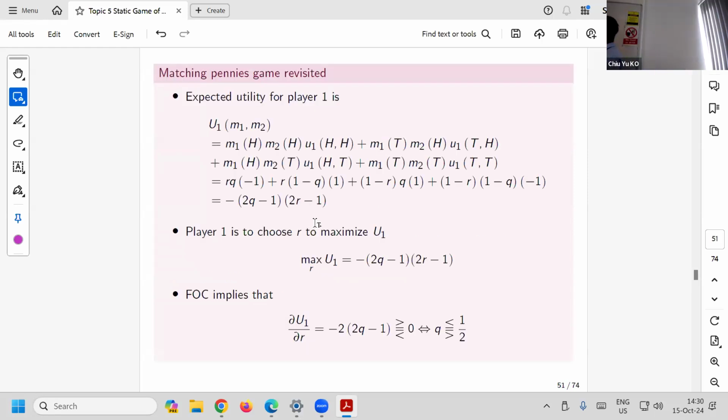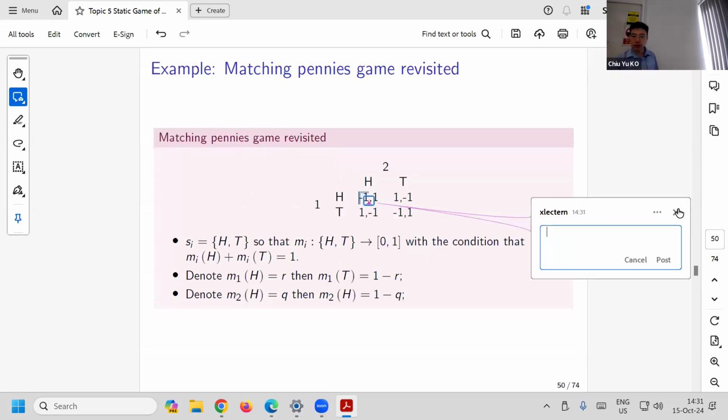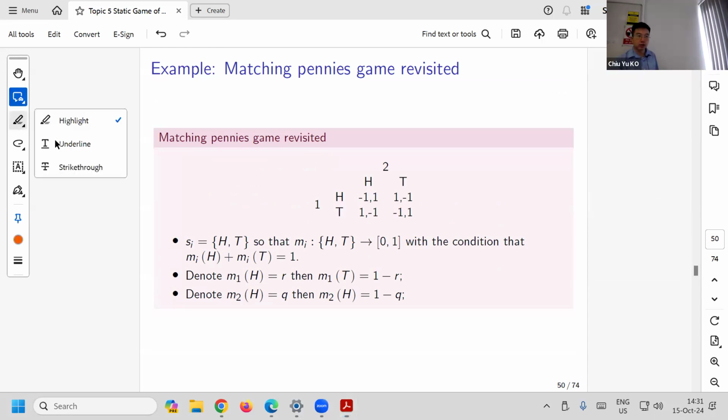So here we have something slightly convoluted, although written this way. What is the utility? You would get the payoff under the strategy M1, M2. On M1, M2 to the H, it's R and Q, you get -1. Where is -1 coming from? From here, this is the 1.